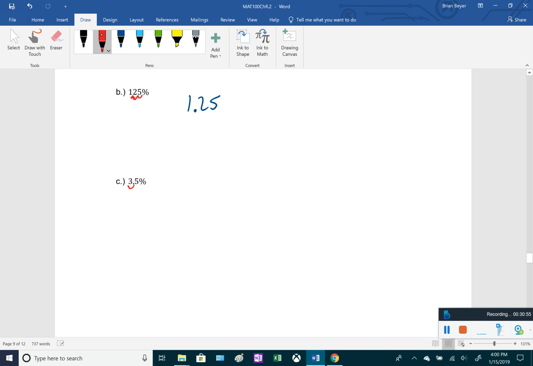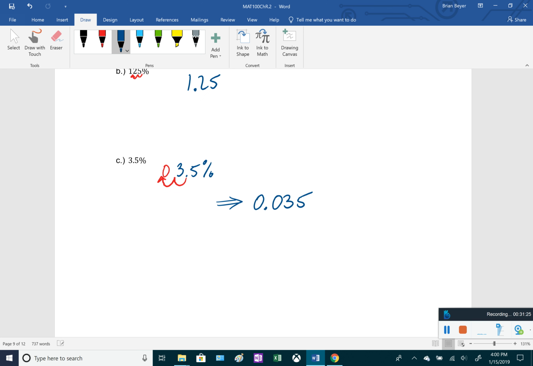Let me rewrite that so I have some room here. So 3.5%. To the left 2, we need a placeholder 0. So we get 0.035. Okay, so once again, hopefully relatively simple. It's just moving the decimal place.